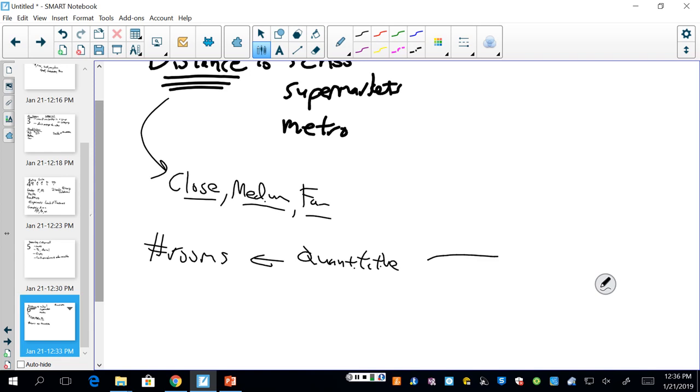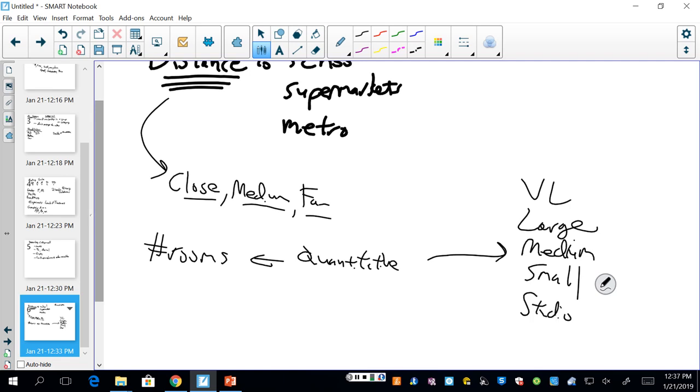But you could convert it to houses or apartments that are large, medium, and small. You could put a very large one, or a studio apartment as very small. You don't necessarily have to have 3 levels. You might take that quantitative value and make cut points, and then it's just giving you the categories.